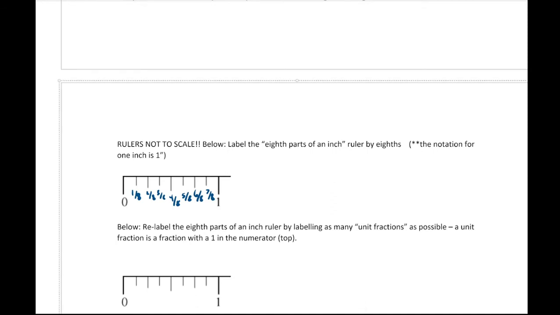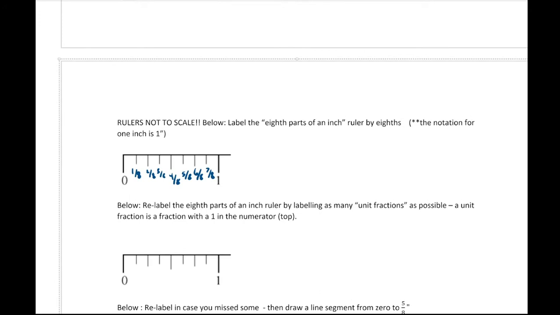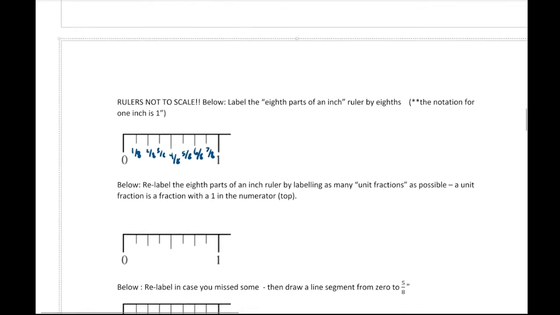We're going to relabel the eighths parts using as many unit fractions as possible. So rather than have 2/8 or 3/8 or 4/8, we're going to have it where it's a 1 on top, or a numerator on top. So we have a new definition here, unit fractions. A unit fraction is a fraction with a 1 in the numerator.